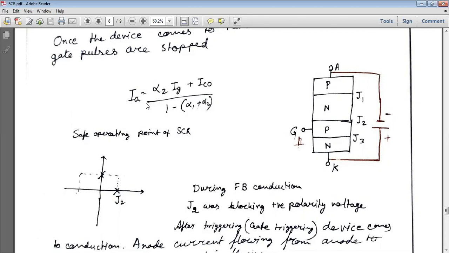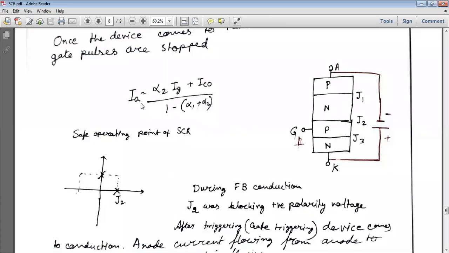Since the gate cathode portion is heavily doped, it can withstand low current only. If we increase Ig, J3 will be heated up and get destroyed. So in reverse bias condition, even with a gate pulse, it cannot come to conduction. So SCR conduction is only one directional, or unidirectional.